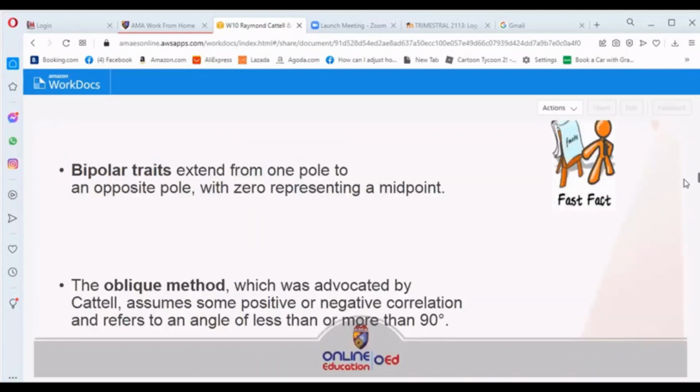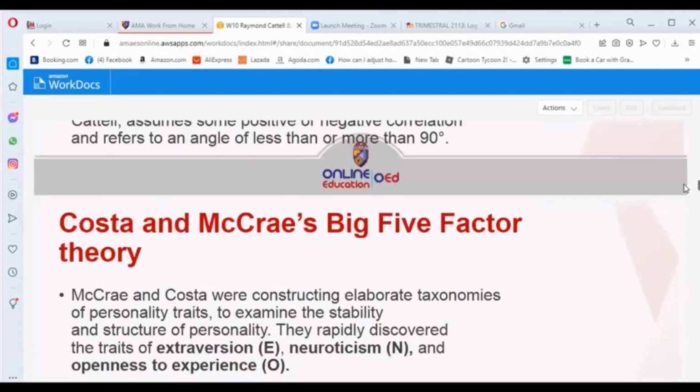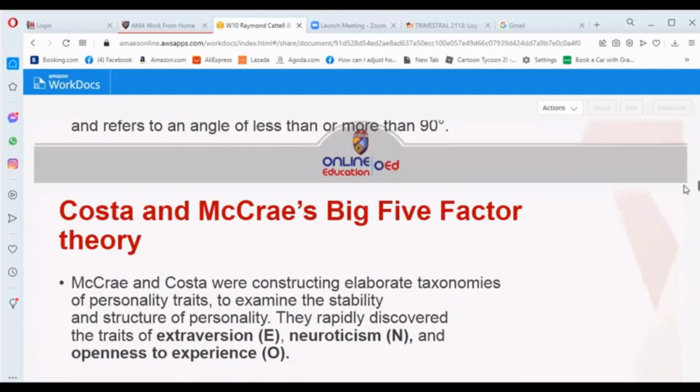We have the oblique method, which was advocated by Cattell, which assumes some positive or negative correlation and refers to an angle of less than or more than 90 degrees. So we have Costa and McCrae's big 5-factor theory.